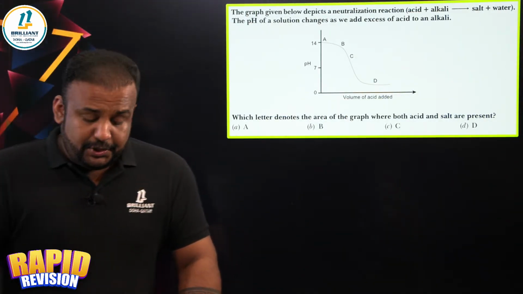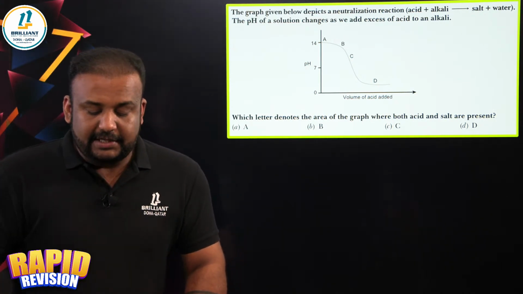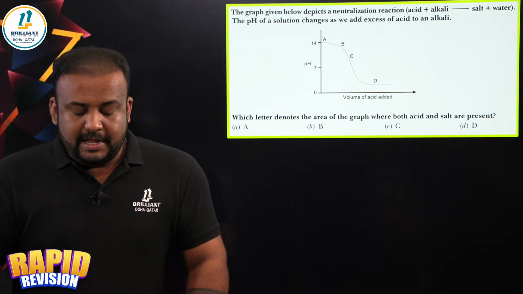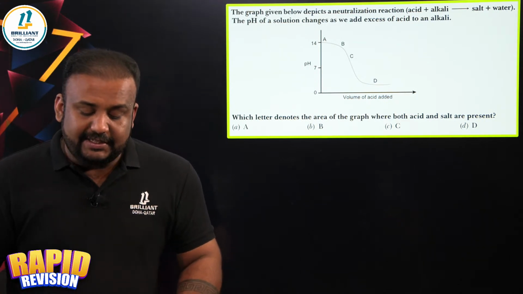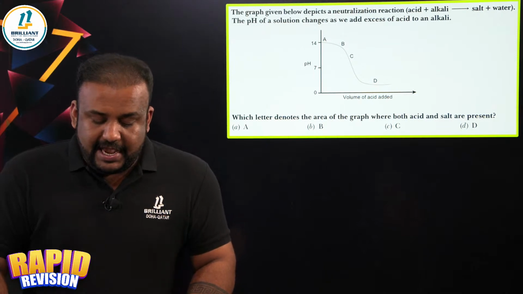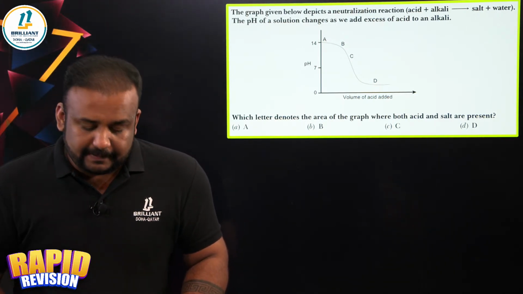Now, question number 2. The graph given below depicts a neutralization reaction. Acid plus alkali gives salt plus water. The pH of a solution changes as we add excess of acid to an alkali. Which letter denotes the area of the graph where both acid and salt are present?